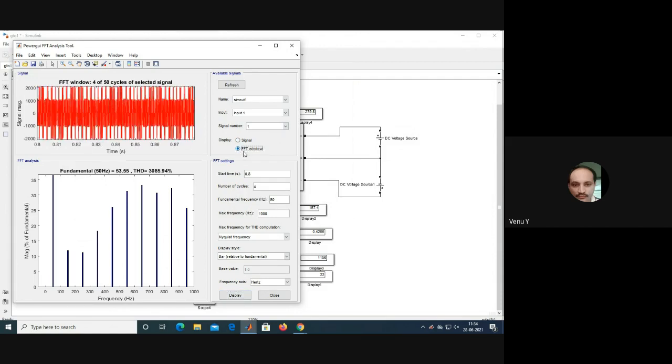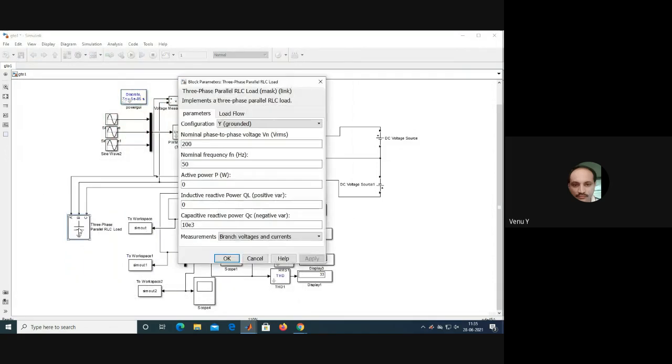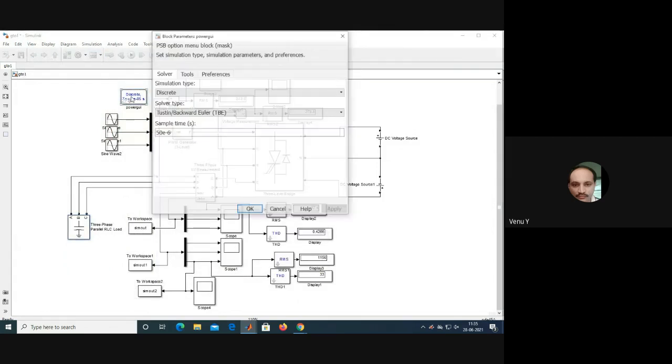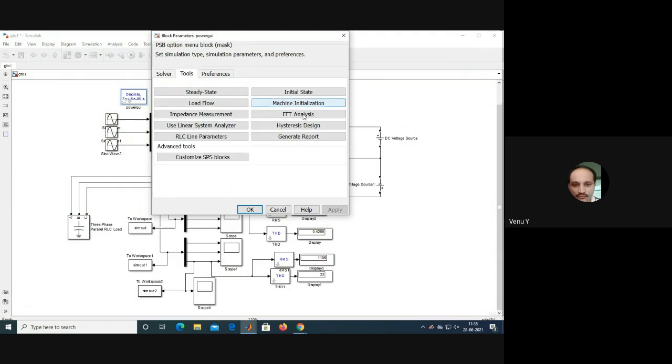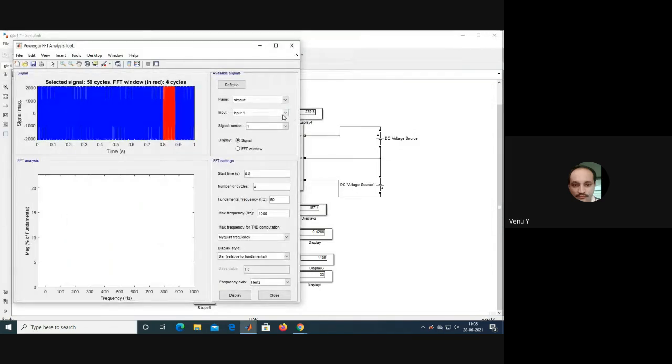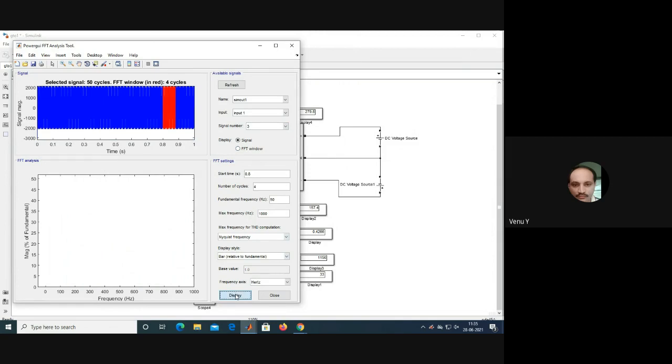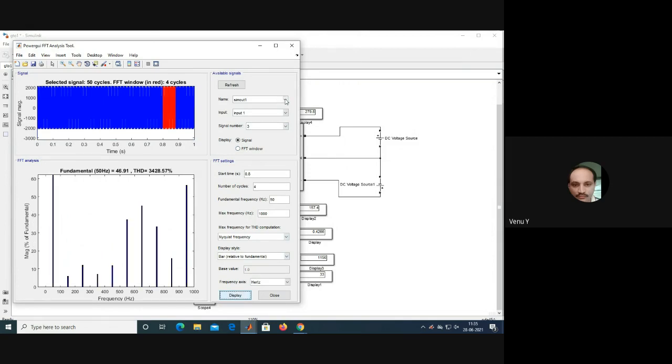The current waveform is like this. In phase 3, it is like that.